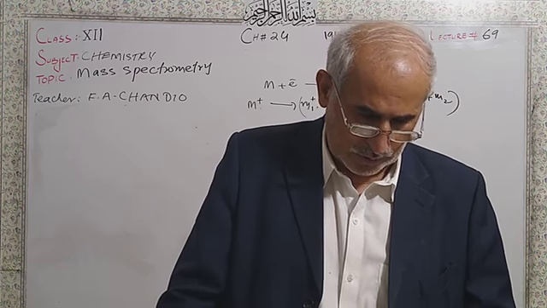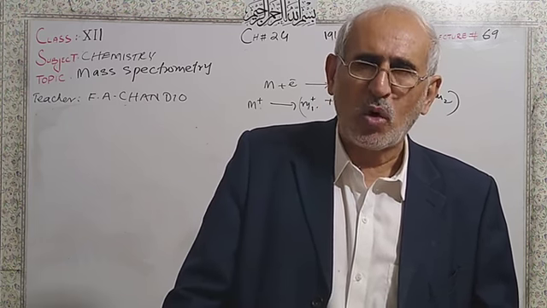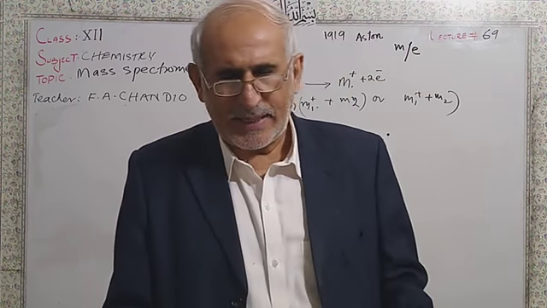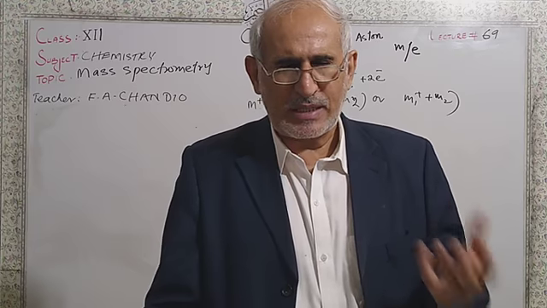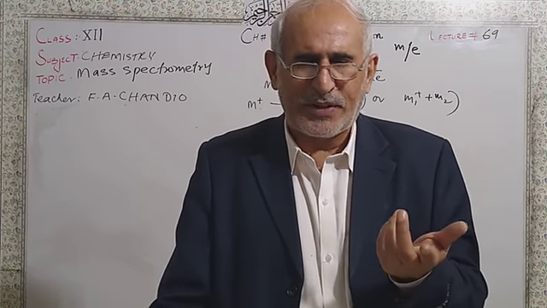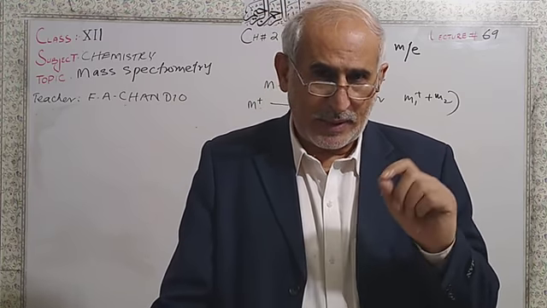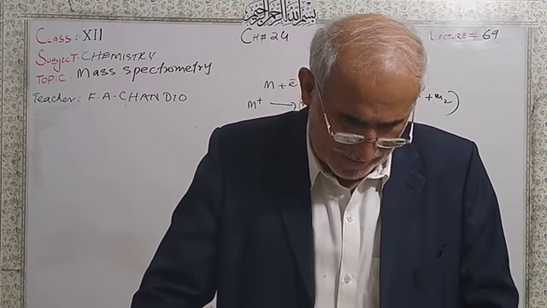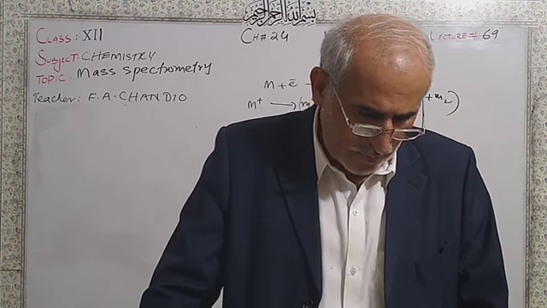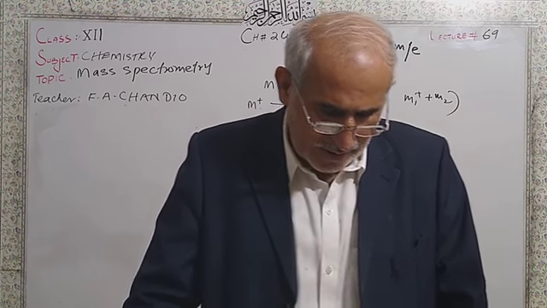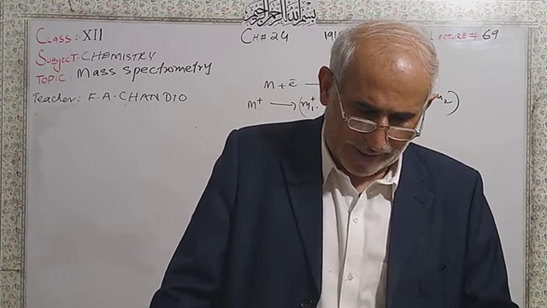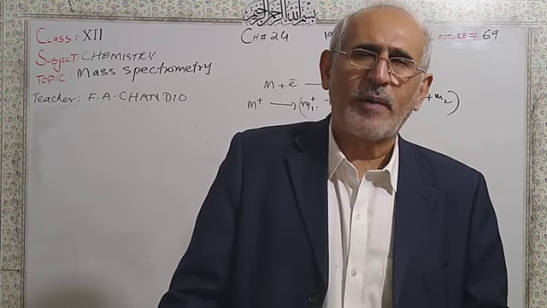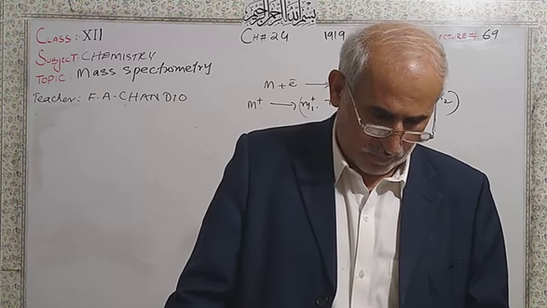If the ions are doubly charged, then it is m over 2e, or you can write m over z, where z is the charge, for singly charged ions. For example, doubly charged ions of mass 90 give rise to an m over z of 45.